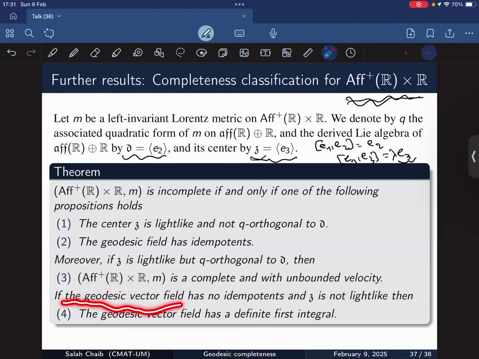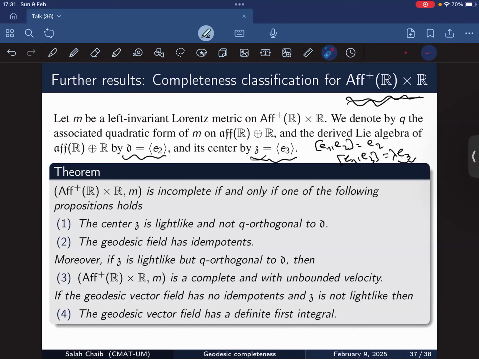And the last case is that if the geodesic field has no idempotent and Z is not light-like, in this case it turns out that Z, the center, is time-like, and since the center is always a Killing field, it provides another first integral given by the square of the corresponding one-form to the center.